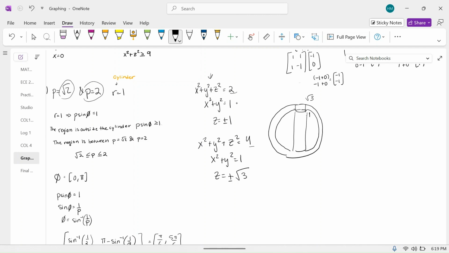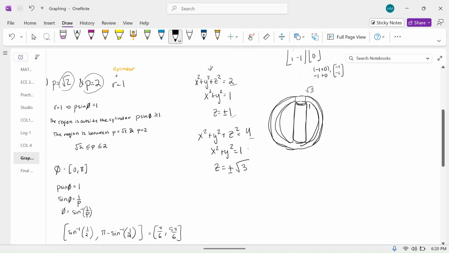And then I have the cylinder formula. And then I solve for z so that I can know where the cylinder will be capped in the two spheres. So essentially, there's going to be this hollow cylindrical shape inside the two spheres. And I will show this as well.